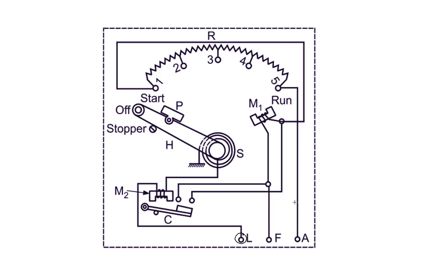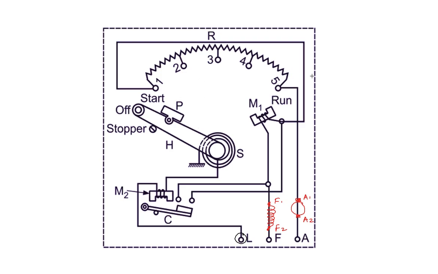Here in red color I draw one field winding, which is useful for you to relate this diagram. So this is your armature A1, this is your A2, and this is your F1, and this is your F2.